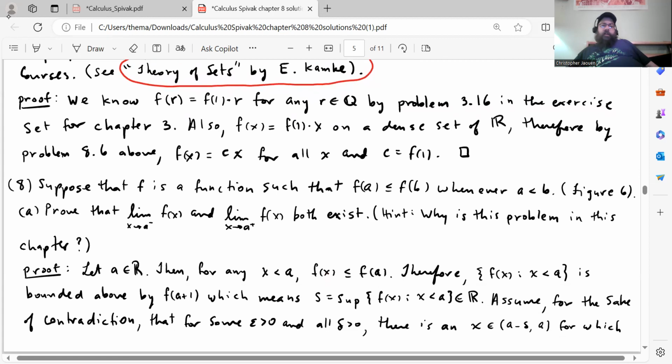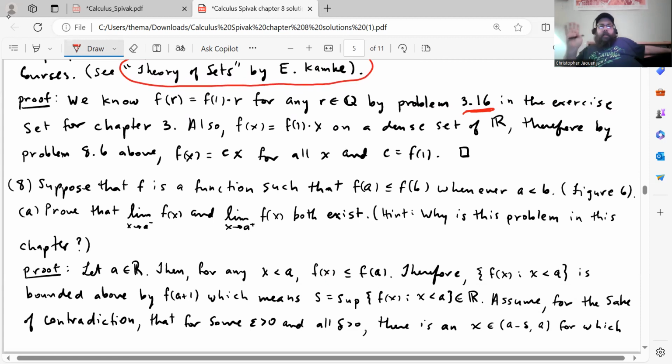Okay, so the proof says we know f of r equals f of 1 times r for any rational number r by problem 3.16. That's the problem in chapter 3 that I was referring to before. If you go to the chapter 3 exercise video on the channel, you can see the solution there.